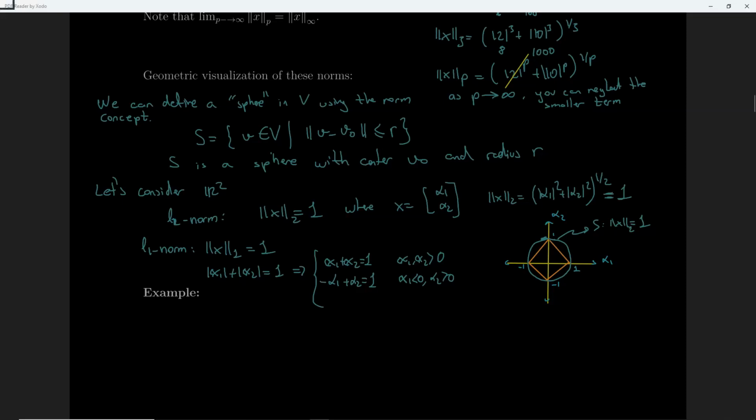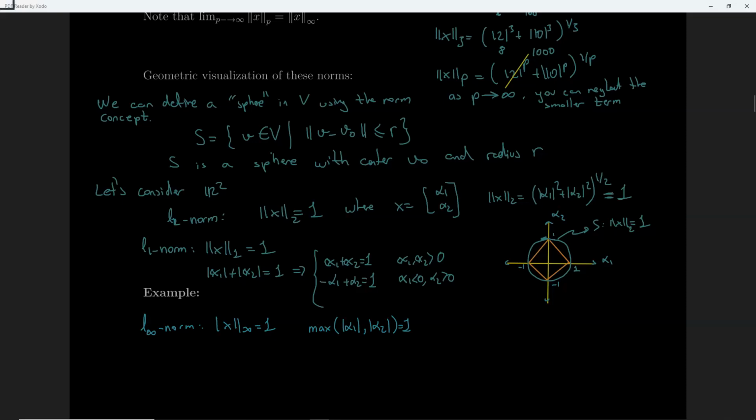And when you think about the infinity norm being equal to 1, the infinity norm says that the norm of x infinity is equal to 1. So the maximum value of the absolute value of alpha 1 and alpha 2 is equal to 1.